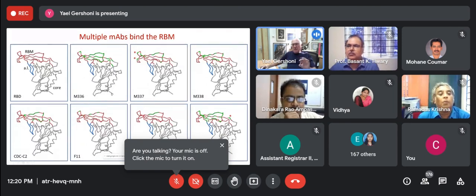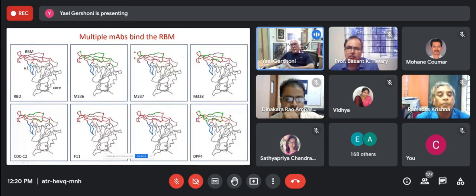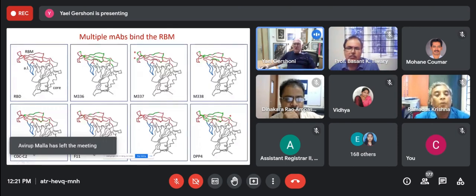And the notion is if we can get reconstituted RBM that cross-reacts with 5, 6, or 7 monoclonals, this would give us the confidence that we have been able to reconstitute a physiologically relevant RBM for MERS.